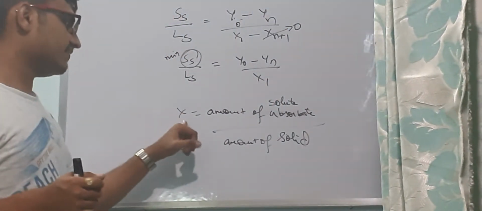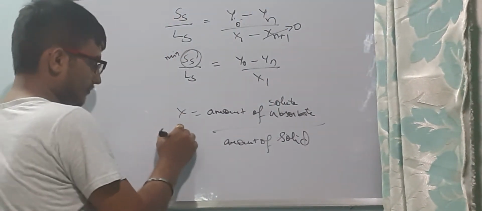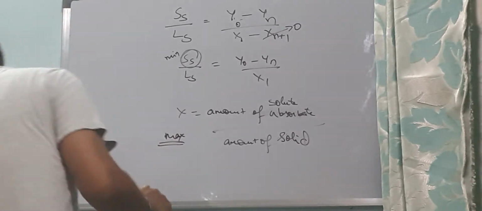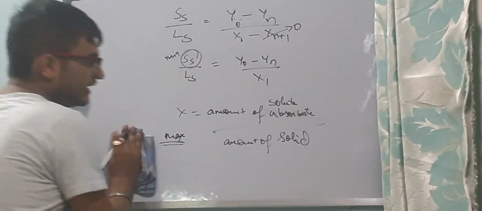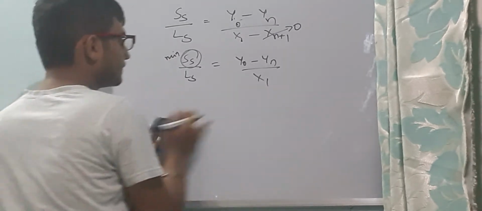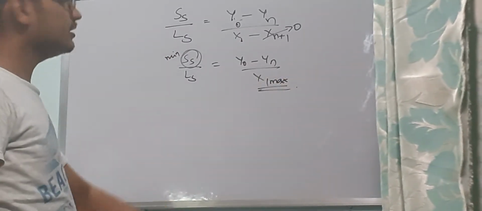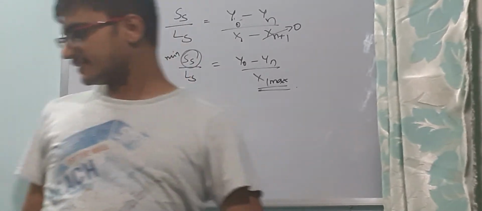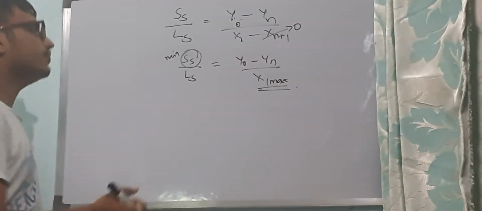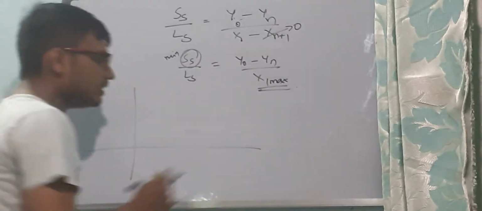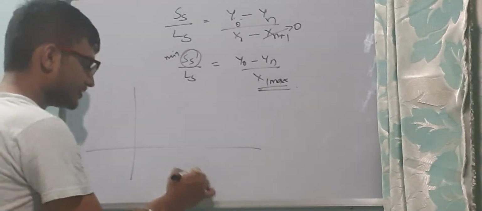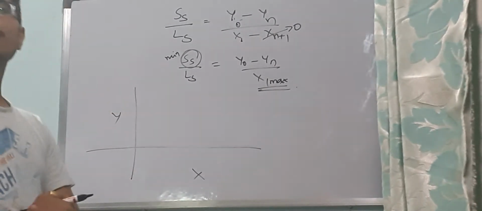So this x1 value should be maximum. Hence, you have to calculate x1 max first to determine the value of Ss minimum. So as usual, you will take the XY data first and plot the XY data.